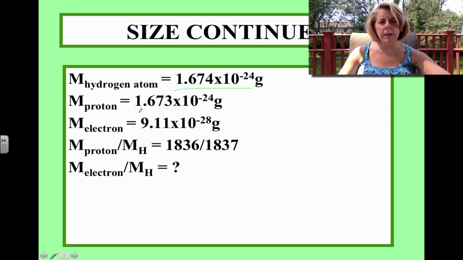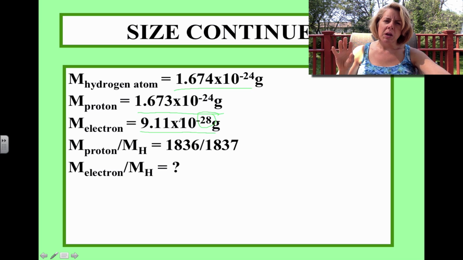Now, the interesting thing is they were able to determine the mass of the proton thanks to people like Moseley, and eventually they were able to determine the mass of the electron. Now notice that the mass of the electron is 10 to the negative 28th, so it's significantly smaller than the proton. Remember, when you're talking about negative exponents, the bigger the number, the smaller the amount.